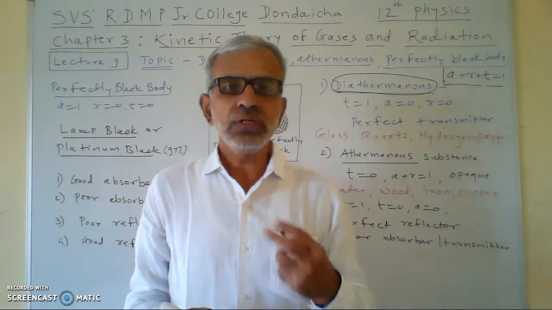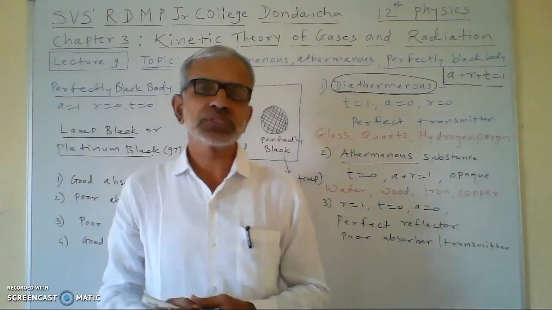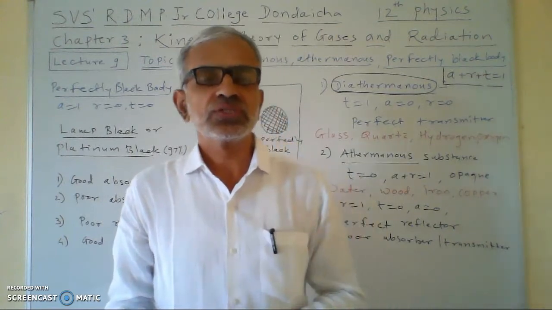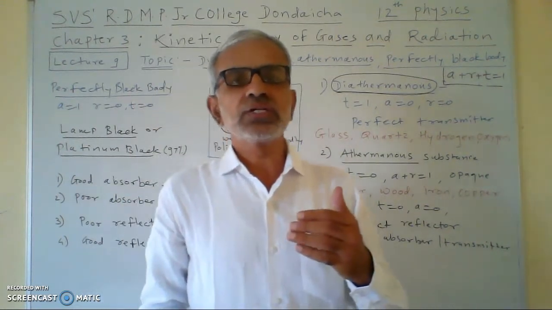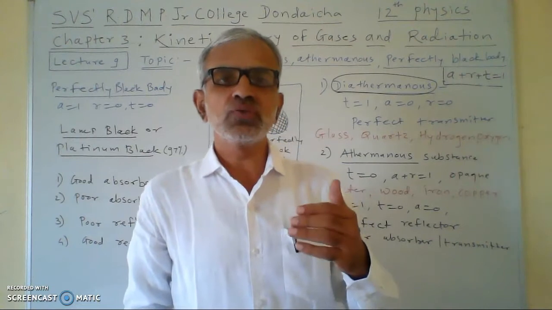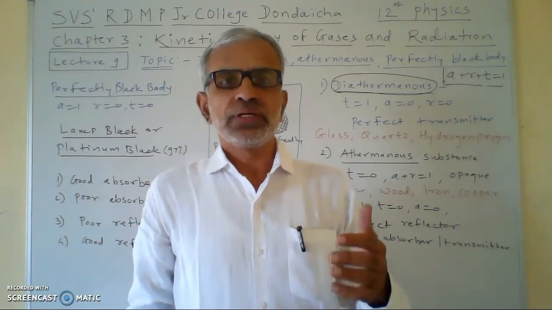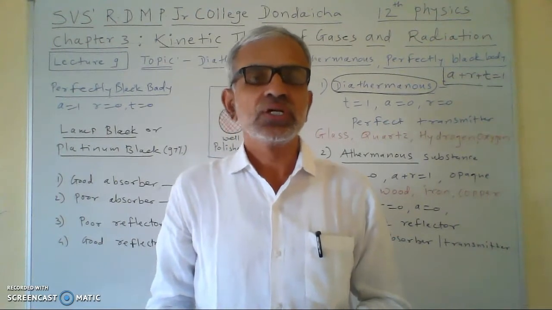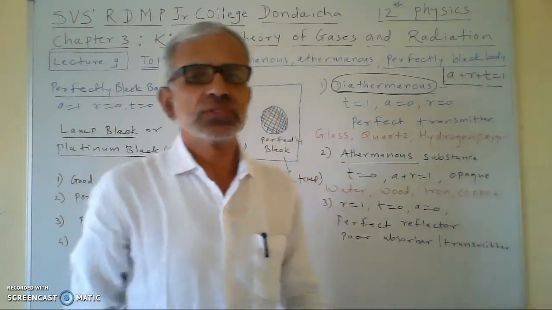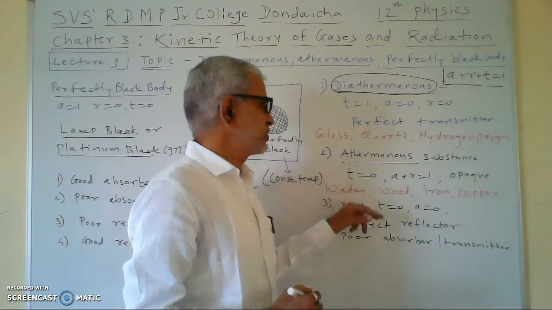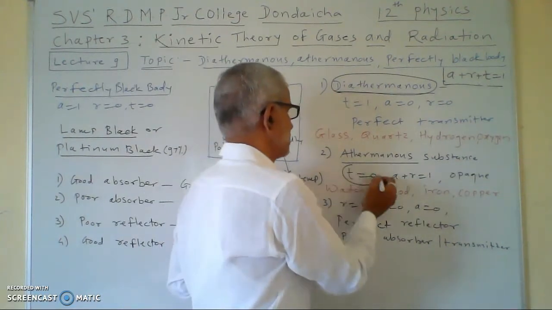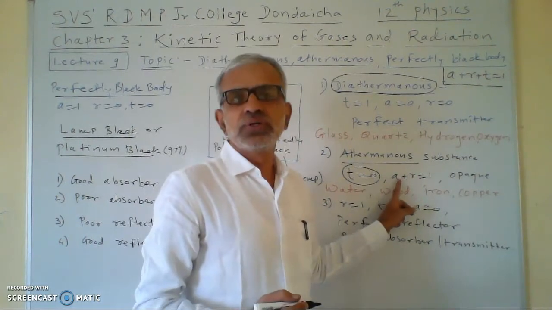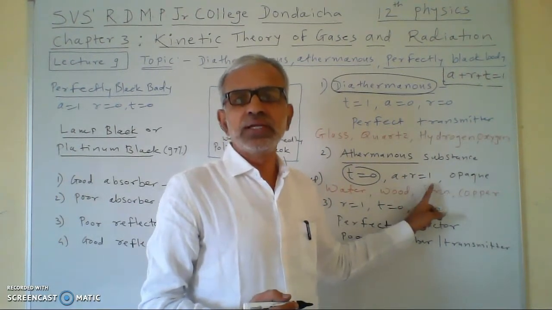Then the second type of substance is called the athermanous substance. The substance which is opaque to the heat radiation, opaque to the heat energy, is called the athermanous substance. For athermanous substance, the coefficient of transmission T equal to 0 and the addition of A and R is 1.